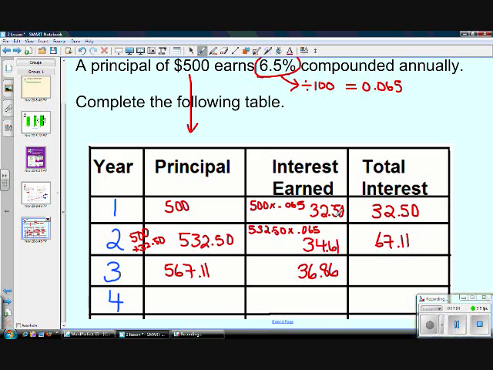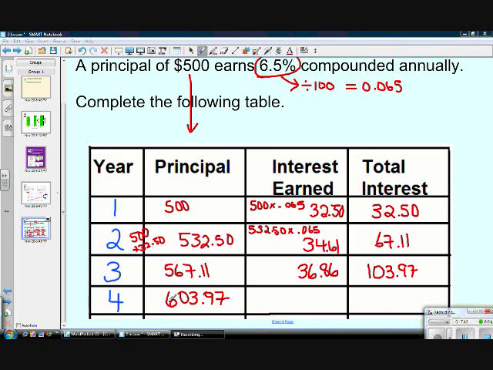Now remember these numbers, we round to the nearest penny. And you're thinking, well, what's a penny? Well, a million pennies is a lot of money. So now I have earned $103.97. When I add that number to the 500, I end up with $603.97. So you can see my numbers starting to grow, not too bad.